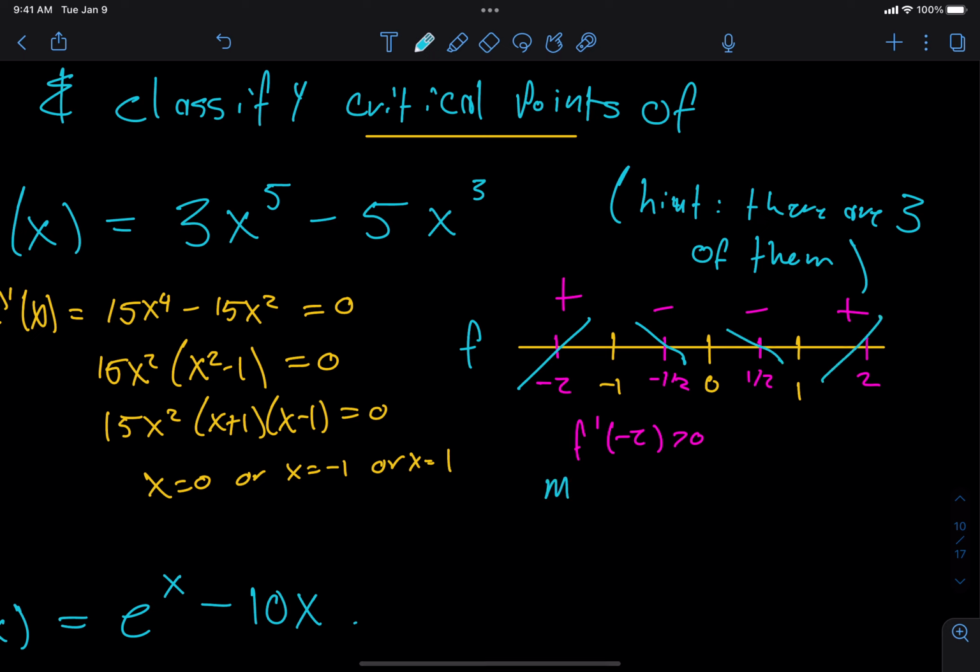So therefore we have a max at x equals -1, a min at x equals 1, and neither at x equals 0. Agree? All right, any questions on that first one?